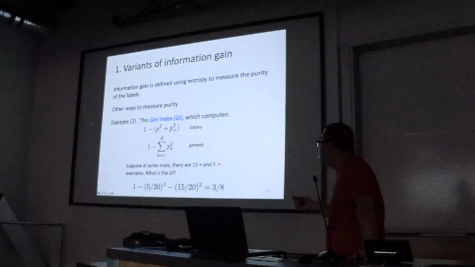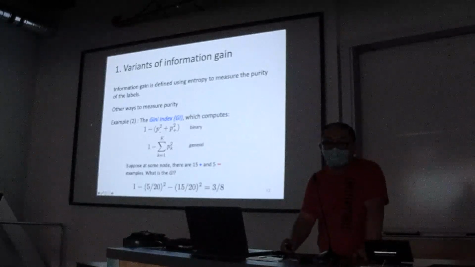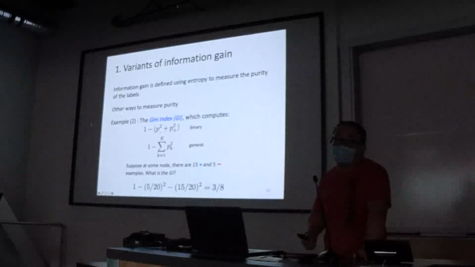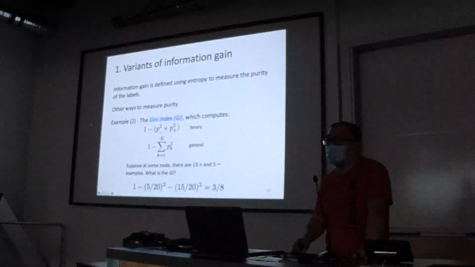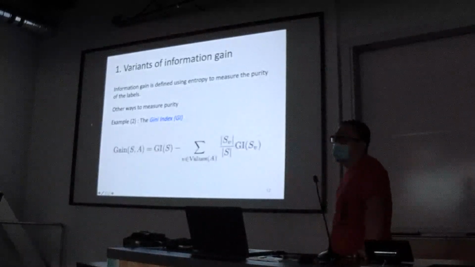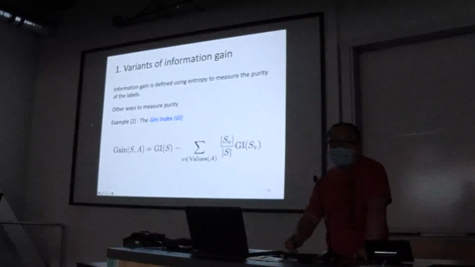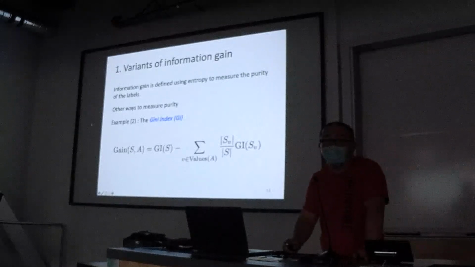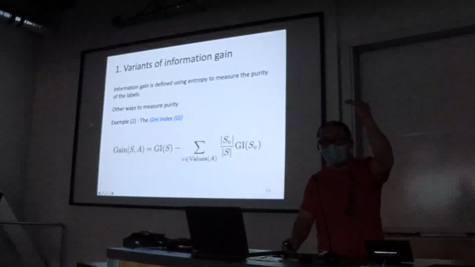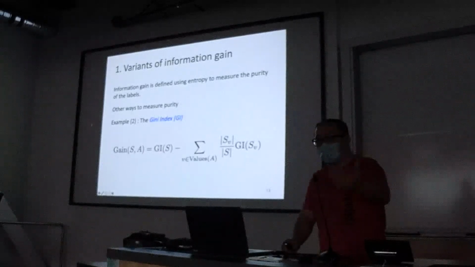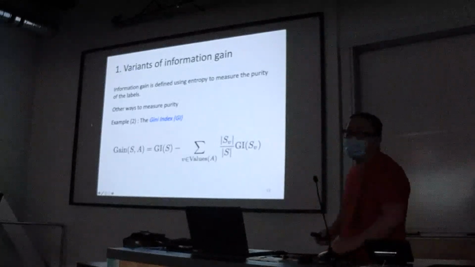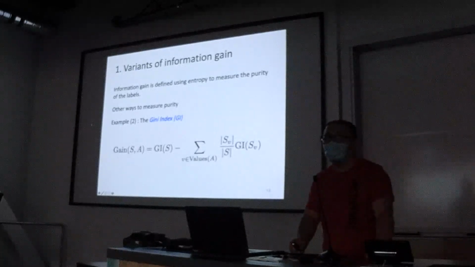So now we find another measurement which reflects purity, a counterpart to the majority error and to the entropy. Accordingly, we can define our Gini Index gain. We know that the larger the Gini Index, the worse the purity, and the smaller the Gini Index, the better the purity. So the decrease of the Gini Index indicates the increase of the purity.